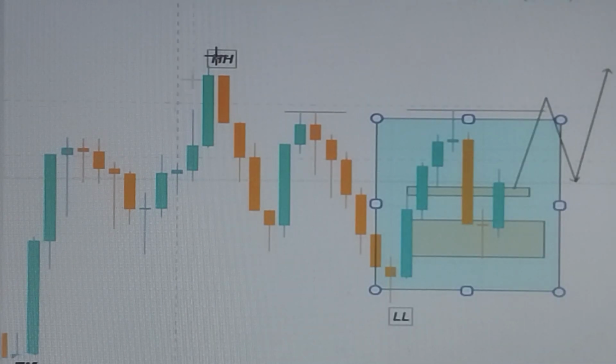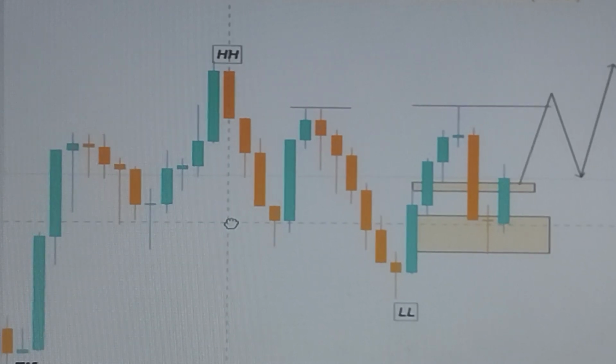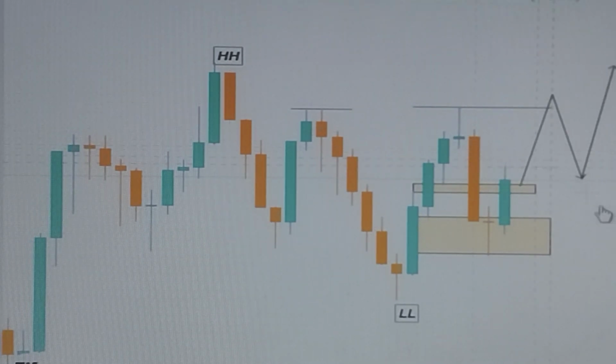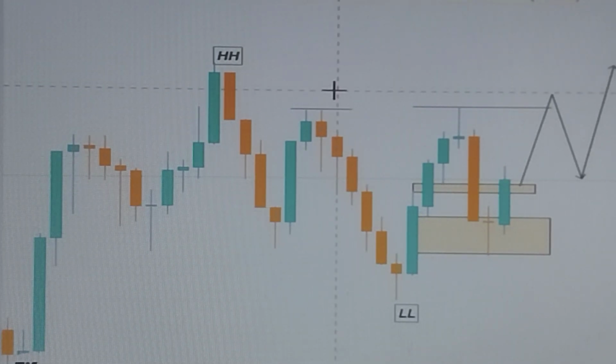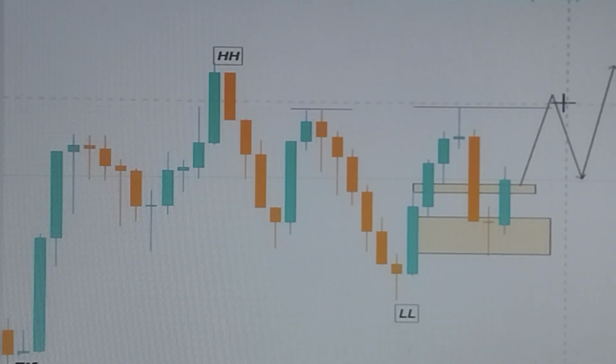Which means that what we did on this area is exactly what we are going to do in this area right here. So this is something that you need to observe. Right now, since we have delivered on this buy side liquidity, our price will want to deliver on this buy side liquidity as well. And then we can come back again and retest on that zone.